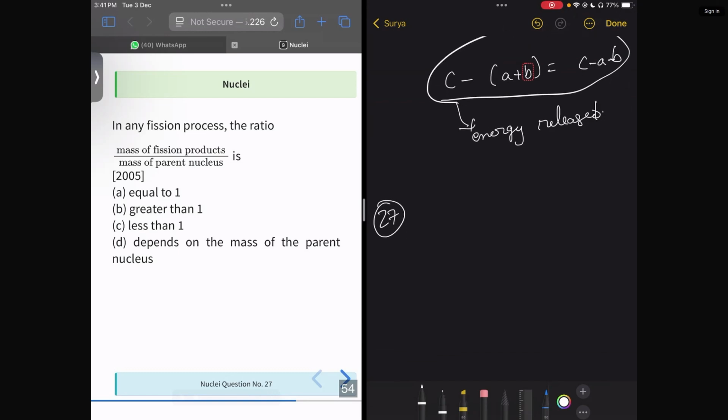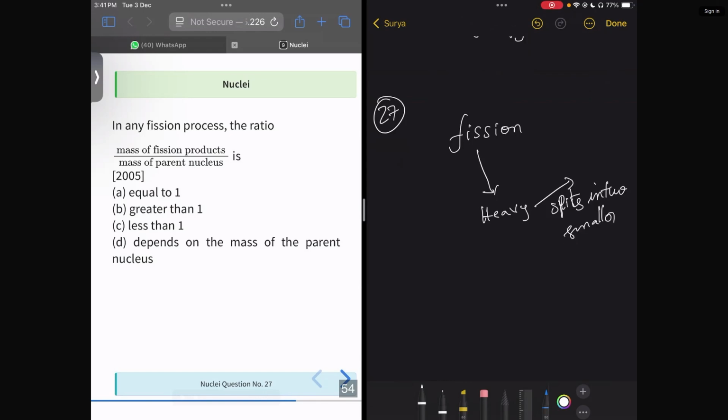So what actually happens in the fission process? A heavy nucleus such as uranium or plutonium splits into two or more smaller nuclei. The mass of the fission products is less than the mass of the parent nucleus because some energy is released, E equals delta m c square.